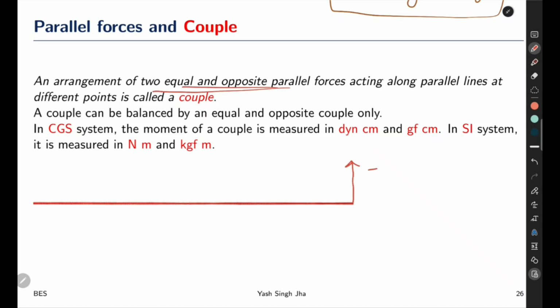So if I apply a force F here, a force F should be applied here in the opposite direction, acting along parallel lines at different points. Let's say the distance between them is D. A couple can be balanced by an equal and opposite couple only.